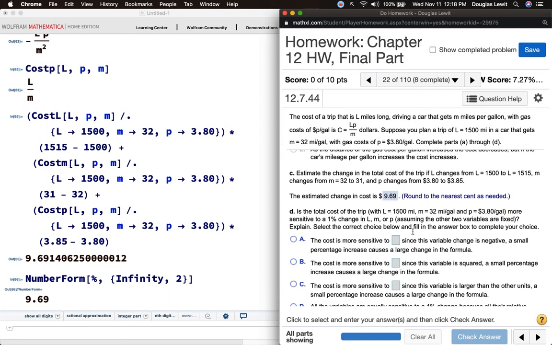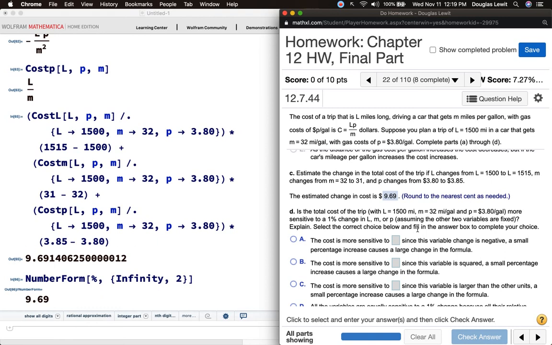Okay, part D is the total cost of the trip with L equal to 1,500 miles, M equal to 32 miles per gallon, and the price of gas is $3.80 per gallon. Is it more sensitive to a 1% change in L, a 1% change in M, or a 1% change in P, assuming the other two variables are fixed?